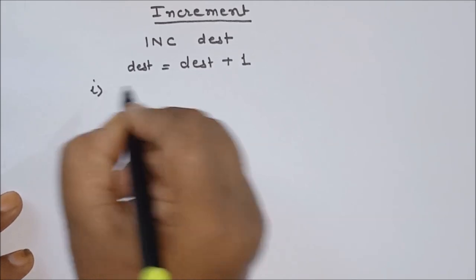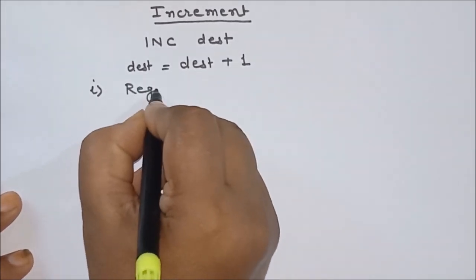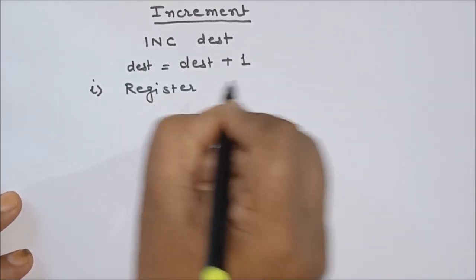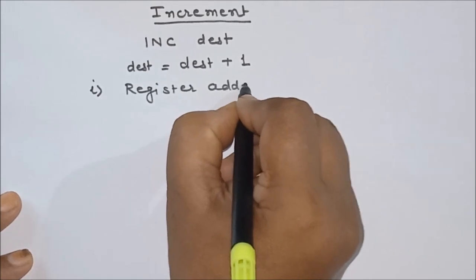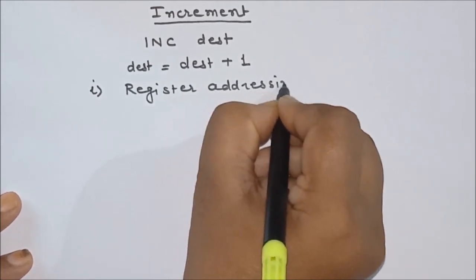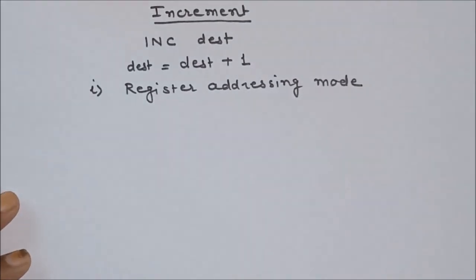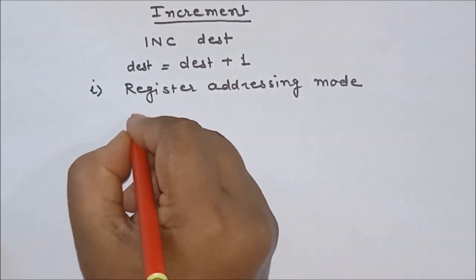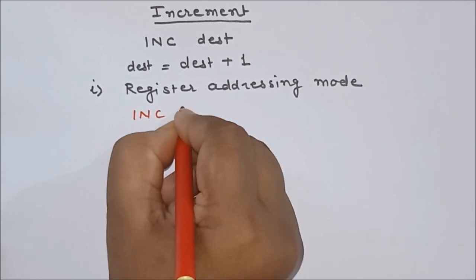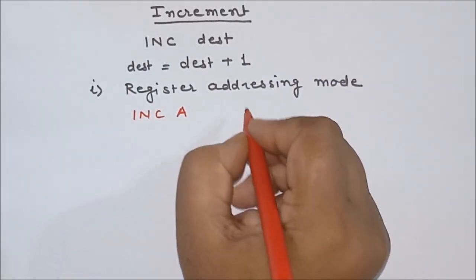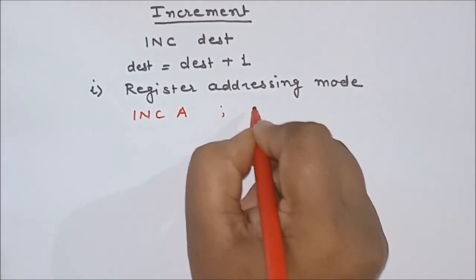First, we can use the instruction in register addressing mode. In register addressing mode we can write the instruction as INC A. We can increment the content of the accumulator by 1.